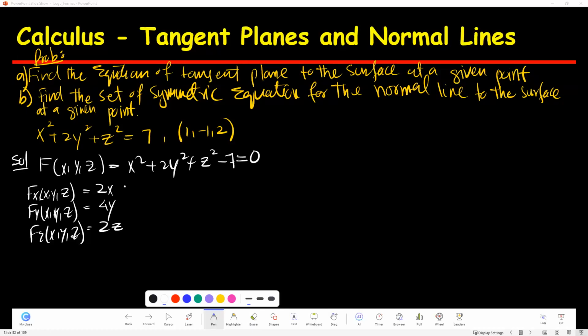If I substitute the values for fx, fy, fz, it's going to be fx at (1, -1, 2), and the answer will be 2.